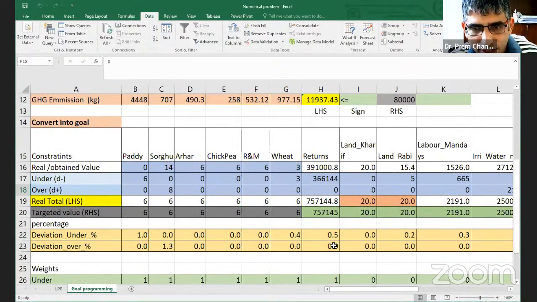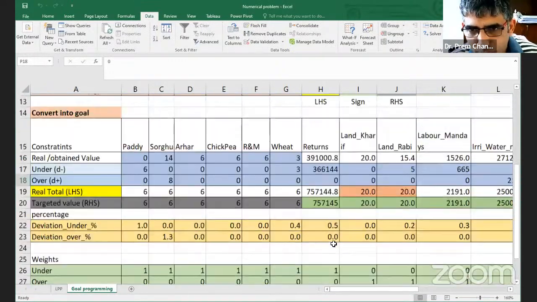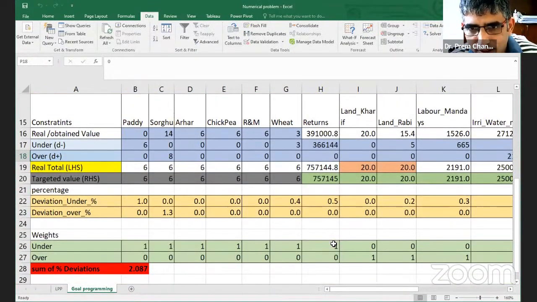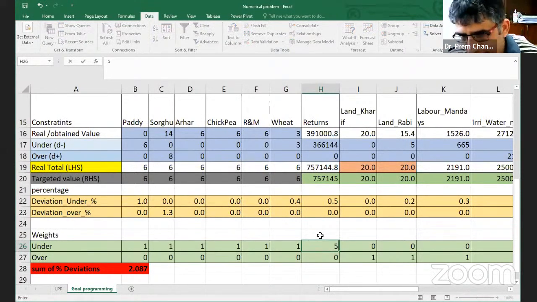Okay, if I want to do sensitivity, it means if I want to give more weightage to what? To returns. So my returns should not be less. I won't accept that. I will give more weightage to return.